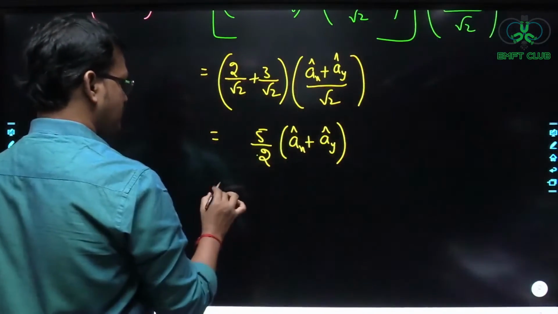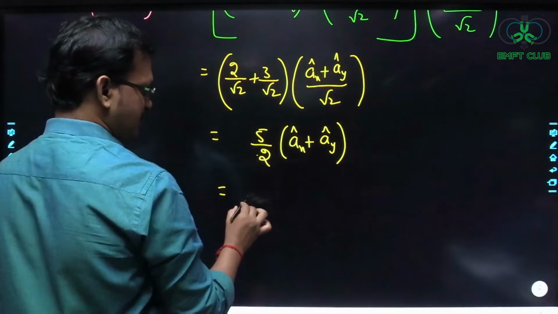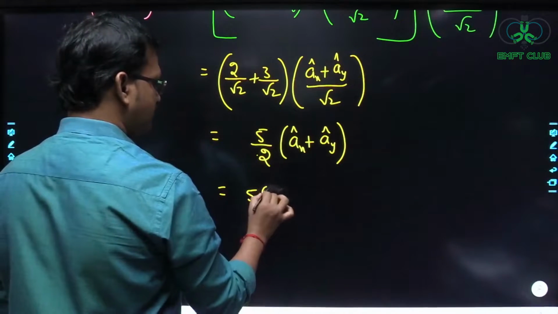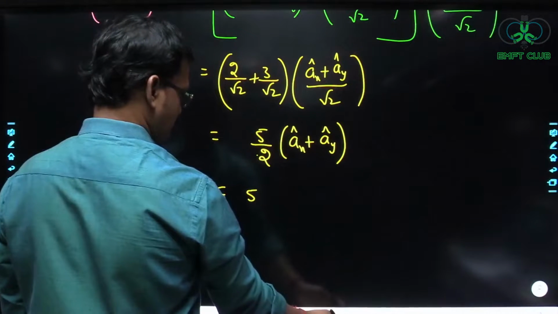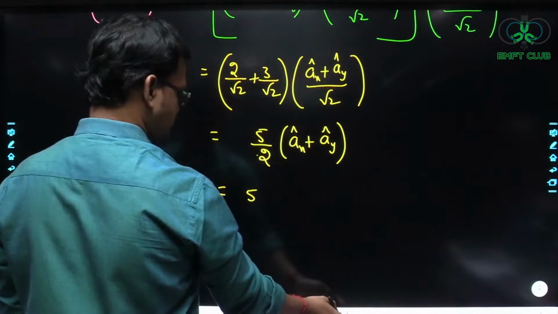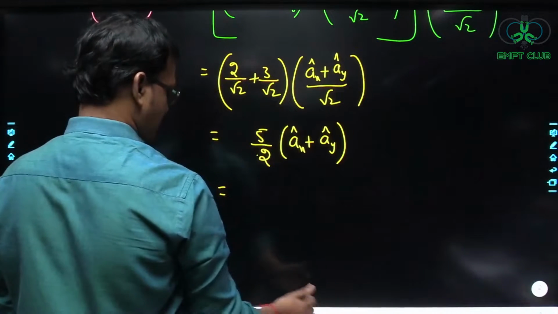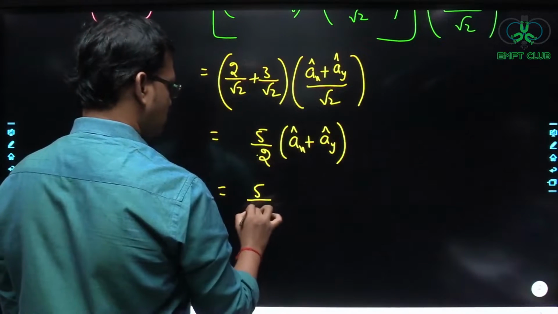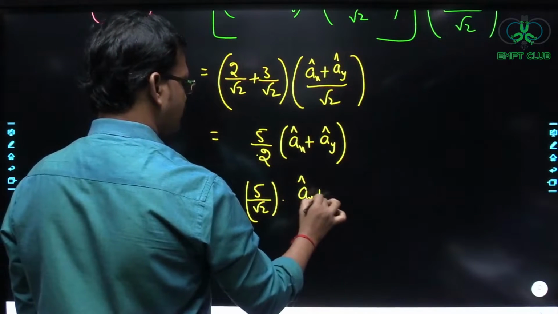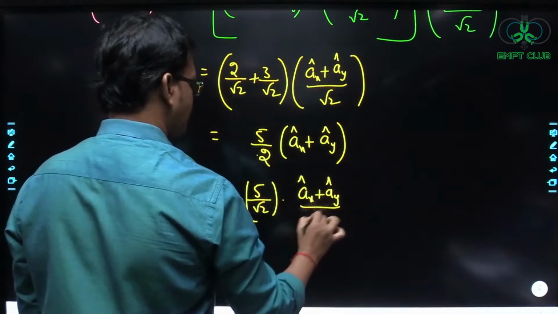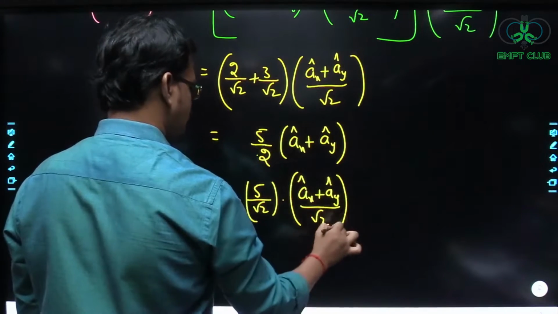So the same thing I can write as 5 by root 2 into AX cap plus AY cap divided by root 2.